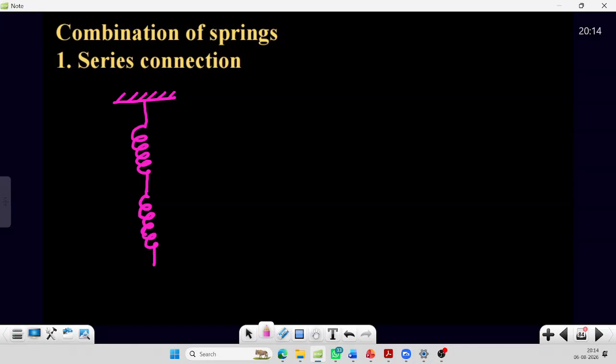This type of connection is called a series connection. Now to this whole arrangement a block of mass M is connected.